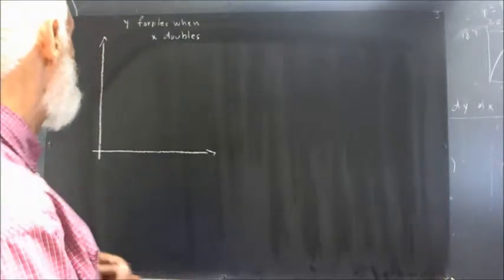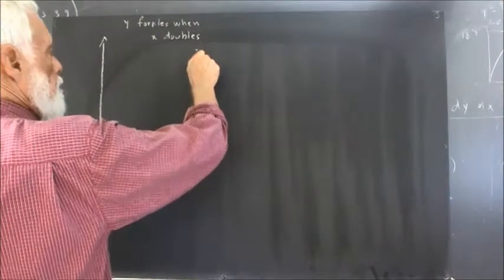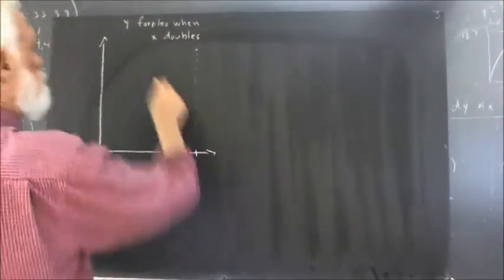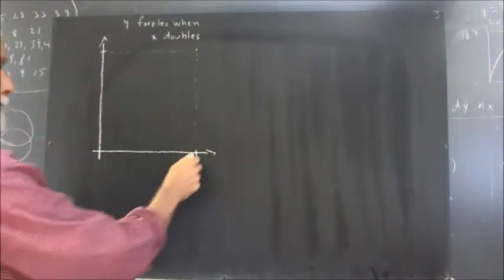Okay, problem 11 asks you to construct a graph for y forples when x doubles. I'm not going to say anything, I'm just going to construct this. And it should be self-explanatory what I'm doing.